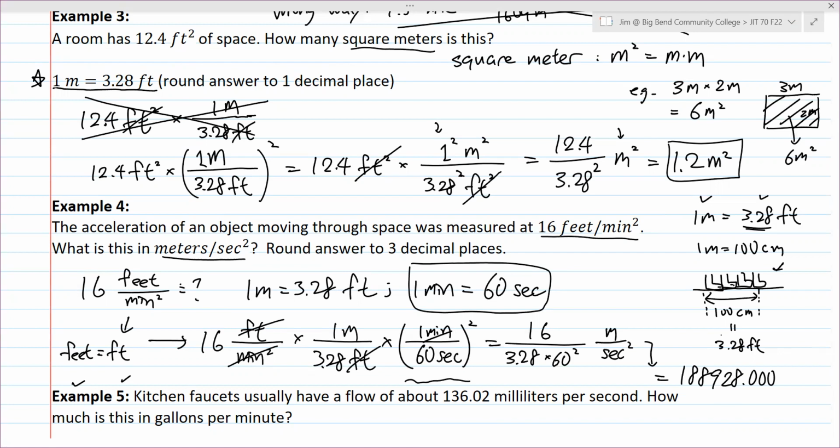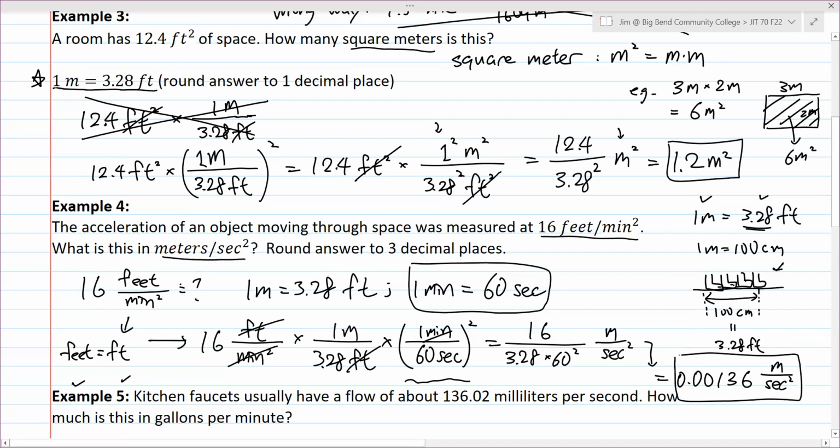No, it's not. Let me, I calculated wrong. It should be a small value. 0.00136. We need 3 decimal places. So that's why we show 3 digits at the end of the value. So that is the final answer in meter per second squared unit.